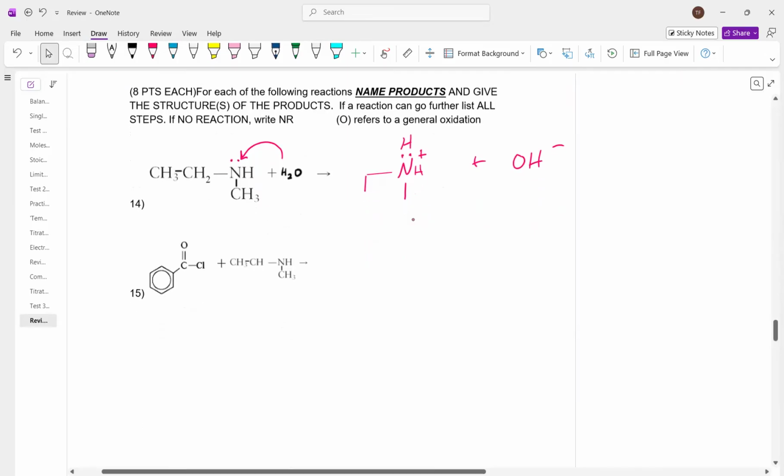So here we have an acid chloride. Means we can make an amide out of this.